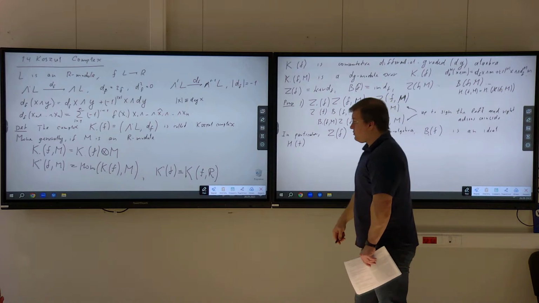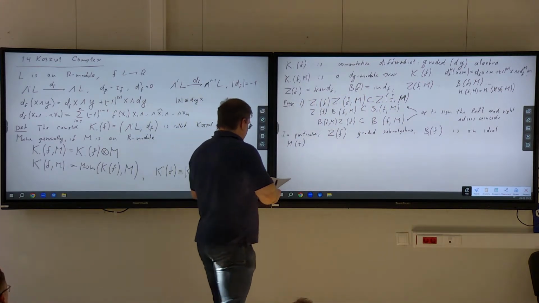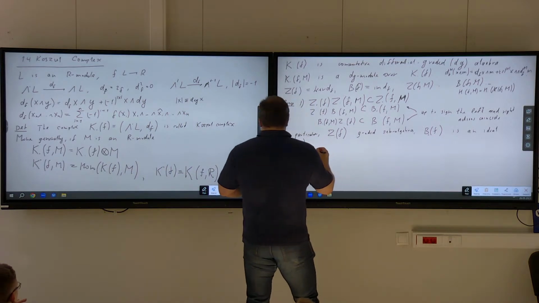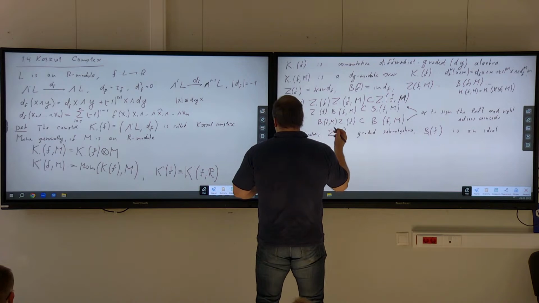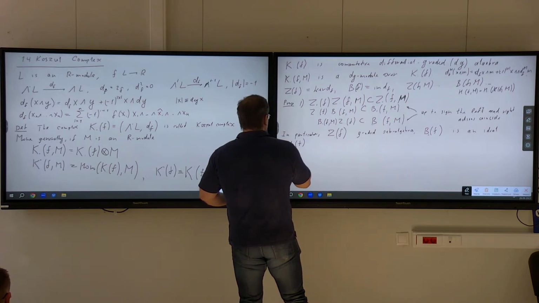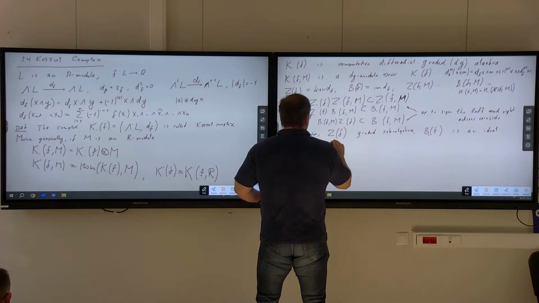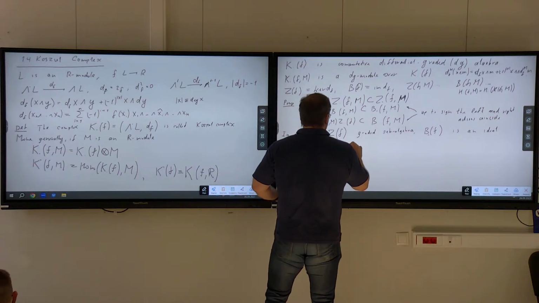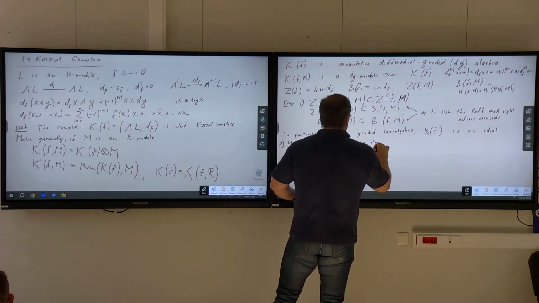And the same for homology of the homological Koszul complex. So then the homology is a graded commutative algebra. Let's say this is part 2 of the proposition. So the homology is a graded commutative algebra.